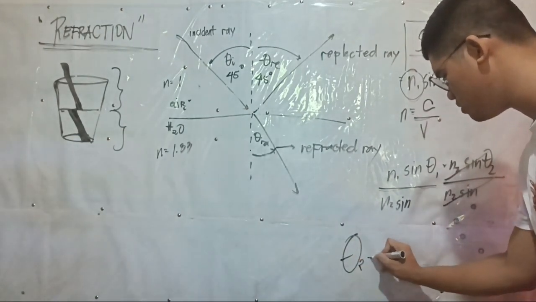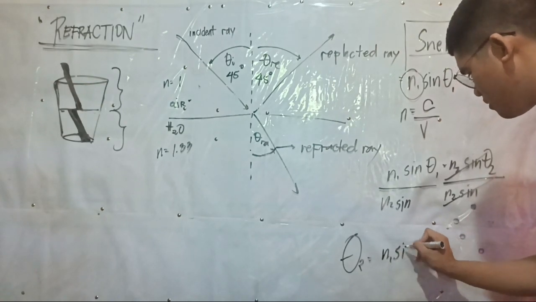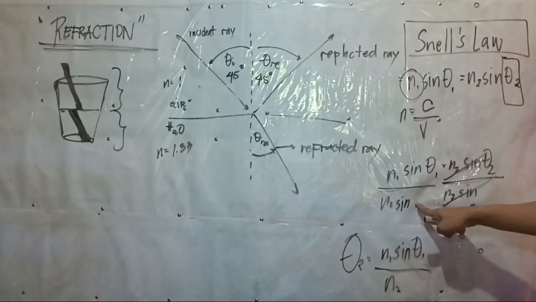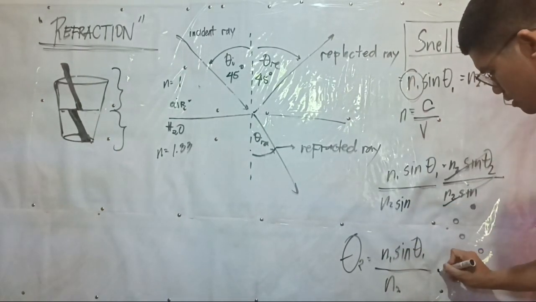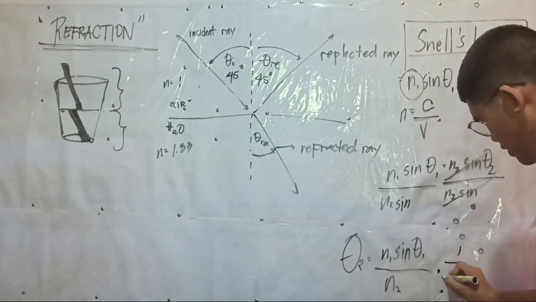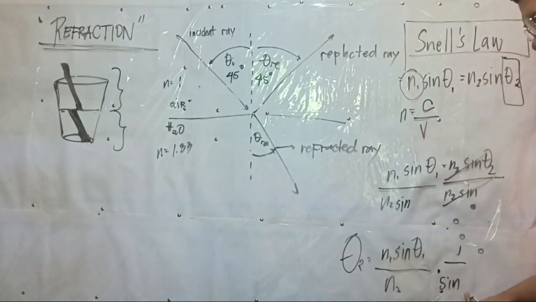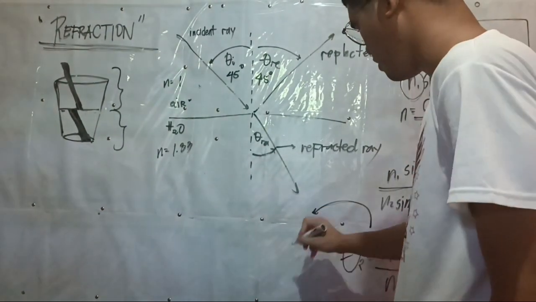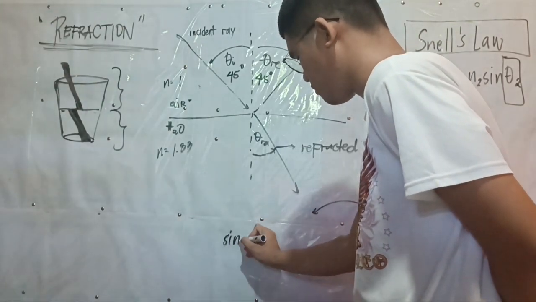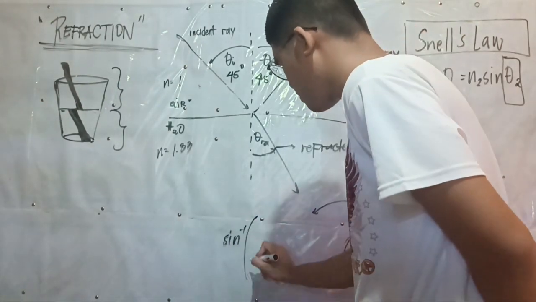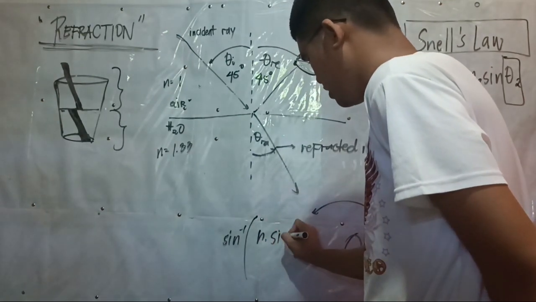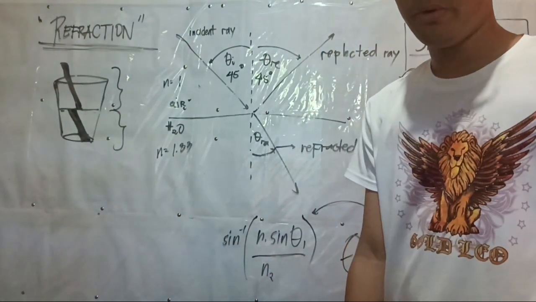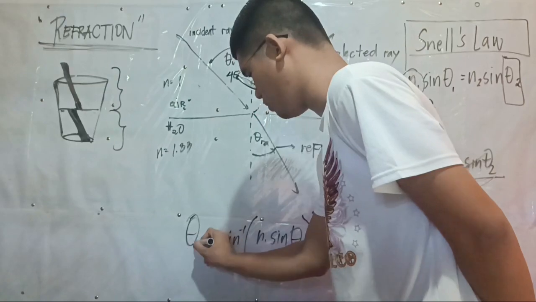Theta 2 is sine theta 2 equal to N1 sine theta 1 over N2. Since we have sine of theta 2, we can apply the inverse sine. So theta 2 is the inverse sine of N1 sine theta 1 over N2. That is our formula for finding the angle of refraction.